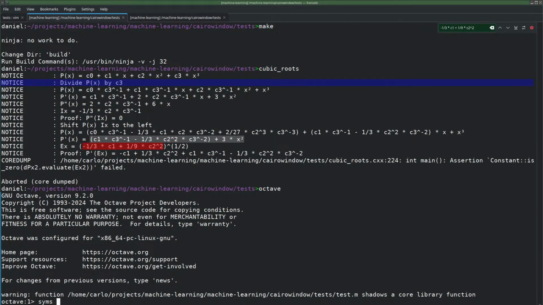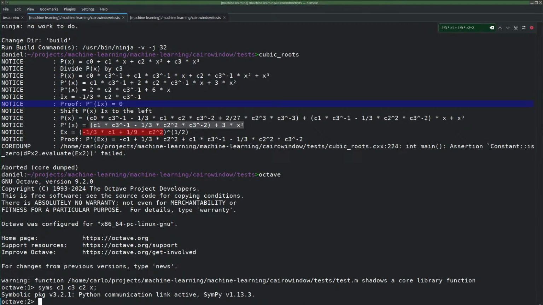So we do symbols. The symbols that we have is C1 and C3 and C2 and X. And let's say my derivative P is that thing, or I have to use this, and that's the square. Okay.